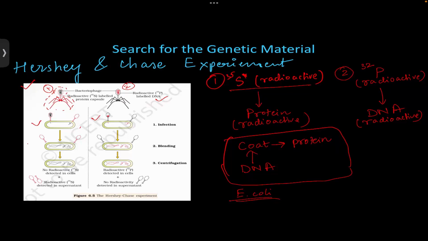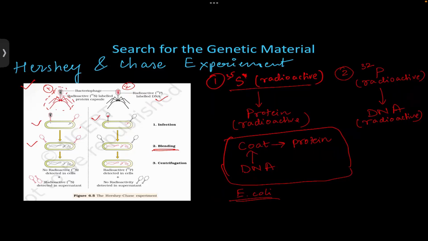Then what they did, after we know the mechanism of how the infection happens, we know that after attachment, the bacteriophage will transfer its genetic material into the bacteria. After it does that, the bacteriophage viral coat, which is protein, will be completely empty. So they did blending to remove or detach the empty protein or viral coat from the bacterial cell wall.